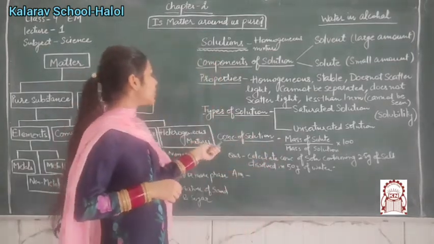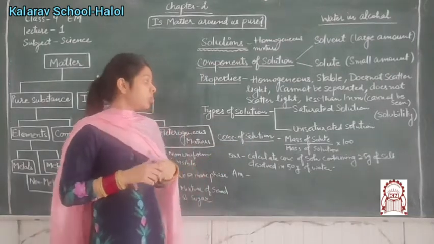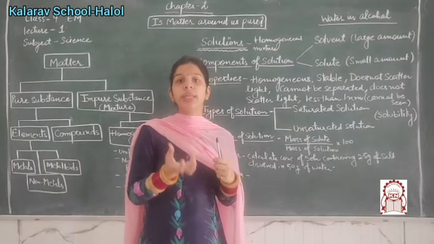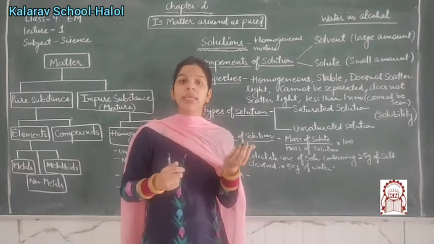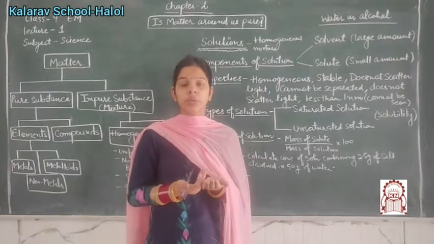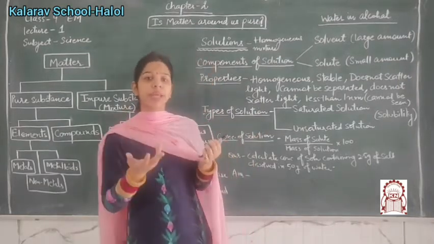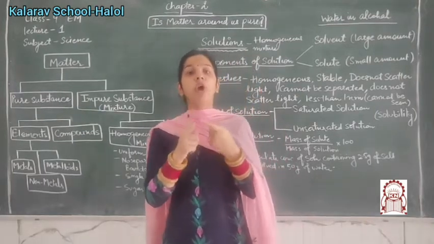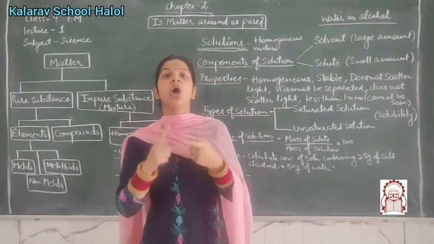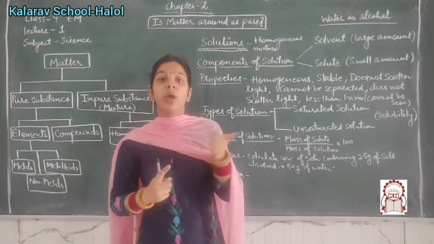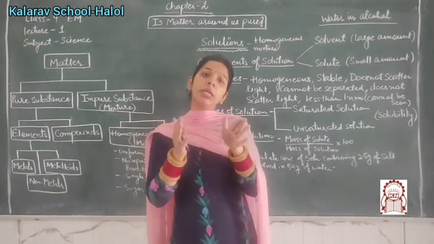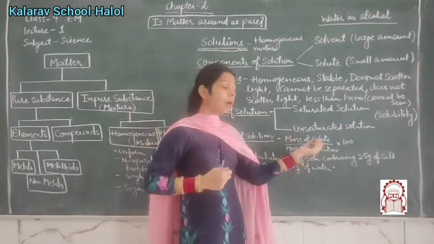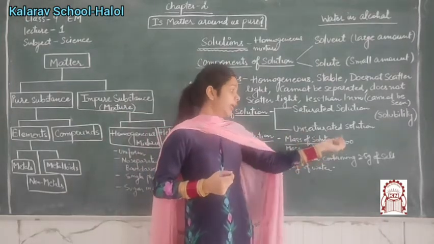So the next topic is concentration of solution. Concentration of solution is the amount of solute in grams present in the total amount of the solution. That concentration is expressed in three ways: mass by mass percentage, volume by volume percentage, or mass by volume percentage. What is that? If we check the solution between two solids, we calculate the mass of solute upon mass of solution into 100.